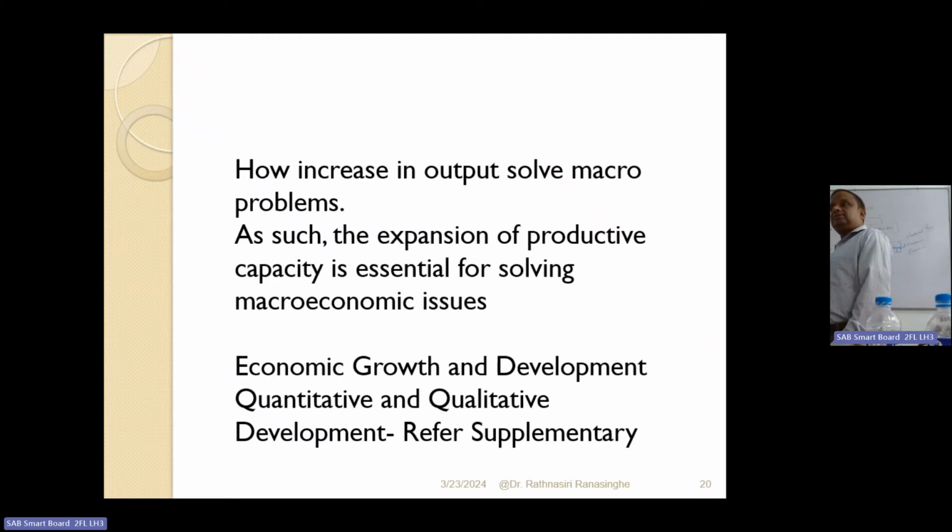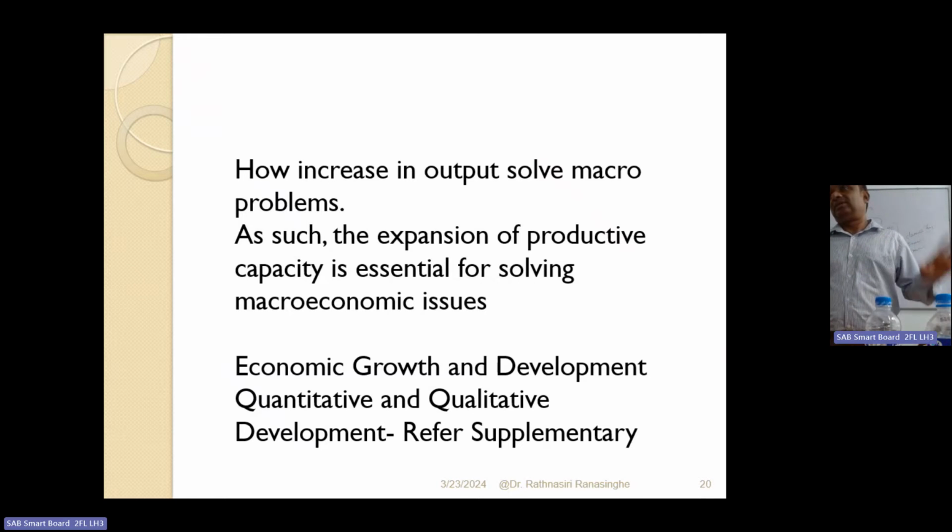What are the other costs involved in economic growth? Maybe the quality of the environment. We need to sacrifice the quality of the environment. We can cut down the Sinharaja forest and increase the output, but there is environmental pollution.